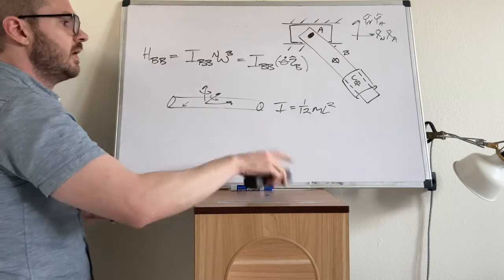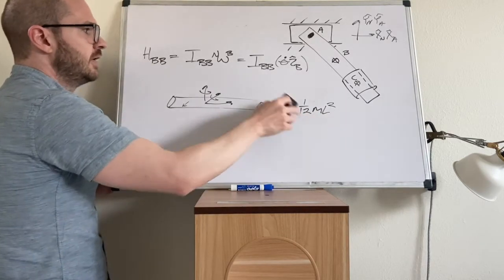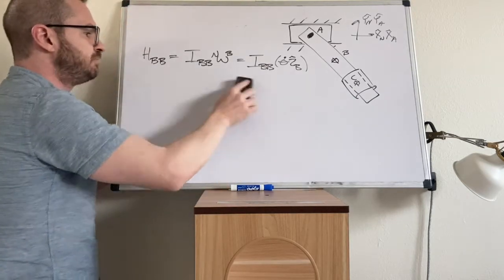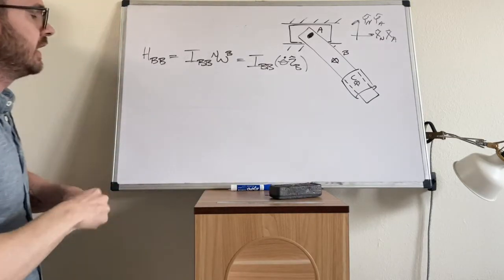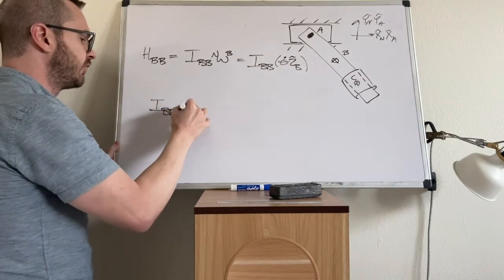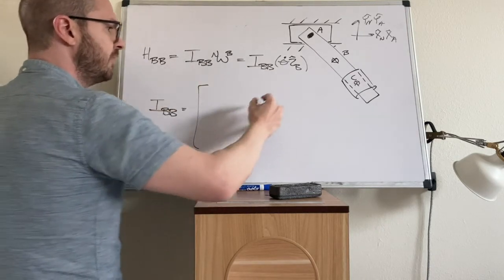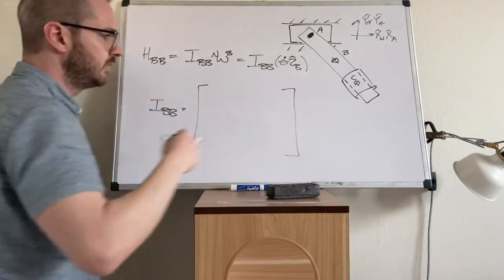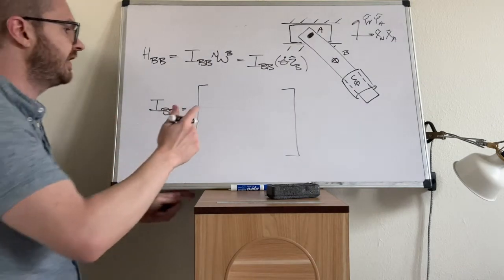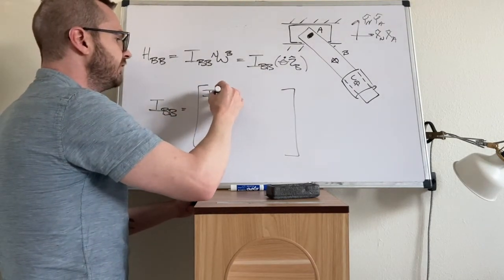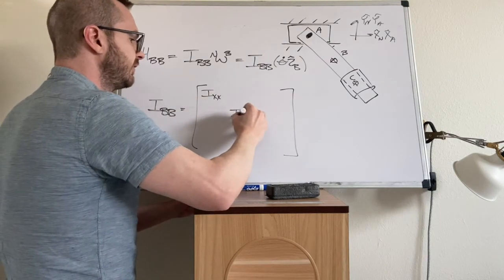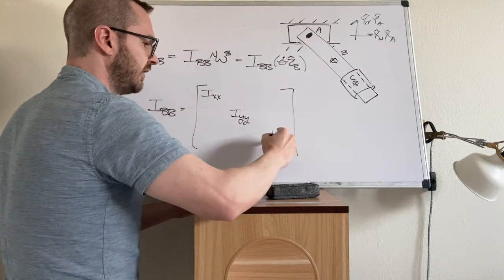So using this information, what does this IBB actually look like? And how do we build it? Well, if you go back to the video that we did deriving this, we showed that it was a matrix or a dyadic, however you want to think about it. It's a vector of vectors. I said that the diagonal terms are the moments of inertia, IXX, IYY, IZZ.